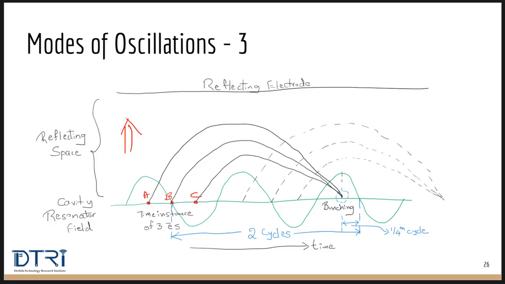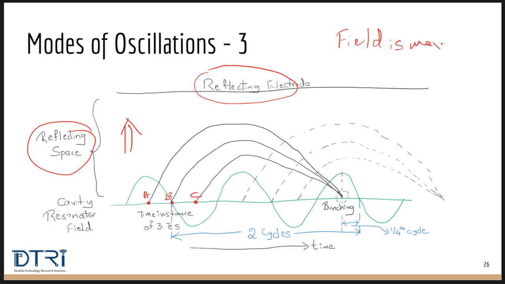We know that these electrons, which are at different time instances, are subject to accelerating voltage, reflecting voltage, and the cavity field. These things cause bunching. Bunching happens when the field is maximum, or when the returning electrons are slowed down.